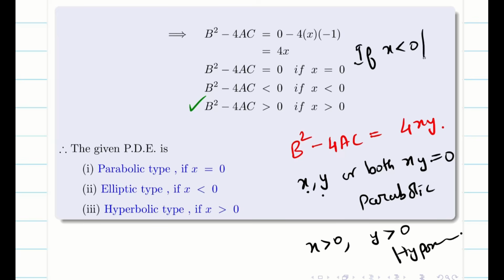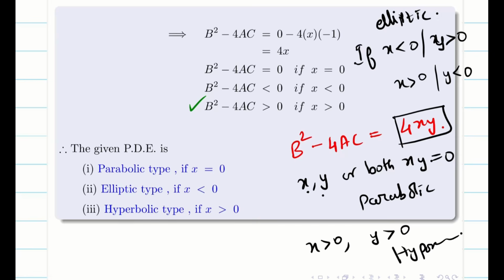If x less than 0 and y greater than 0, or vice versa, if x greater than 0 and y less than 0, you are going to get 4xy negative, then we say it is elliptic. So we have to write the justification according to the solution. If it is constant, we will get a single answer. If it is a variable, we have to classify or give the justification for each value of x or y. Hope you understand.